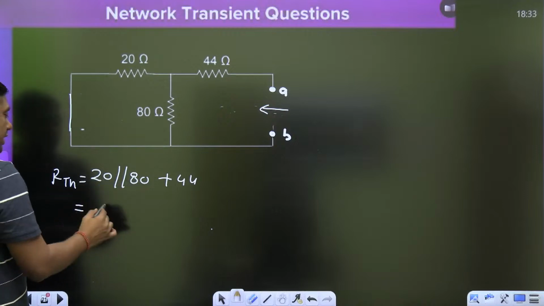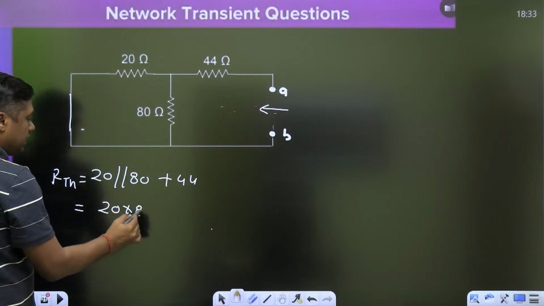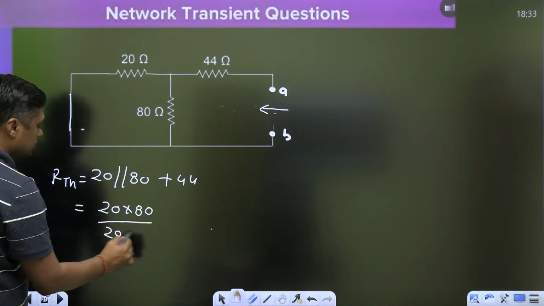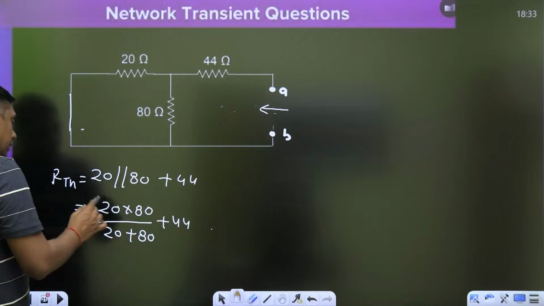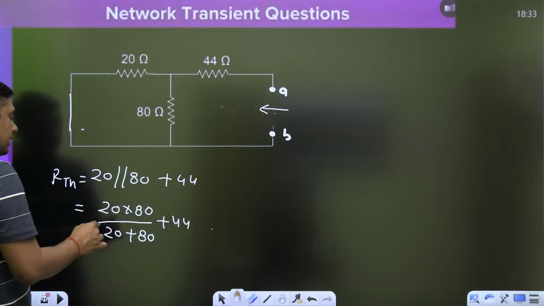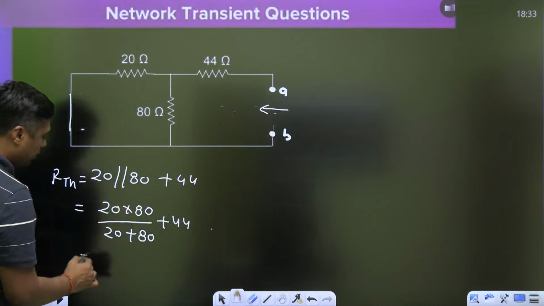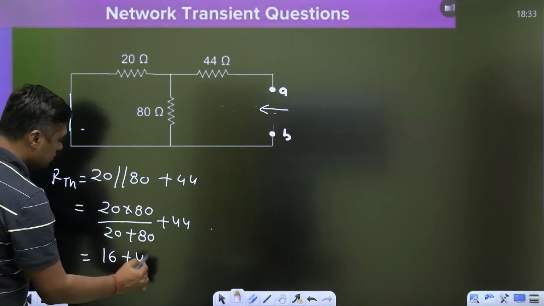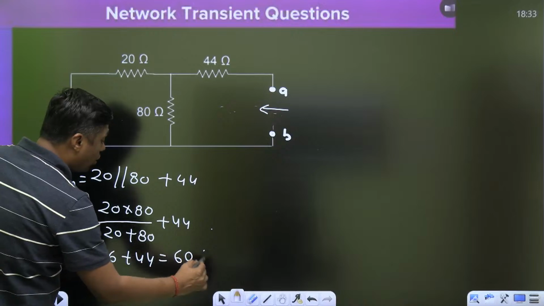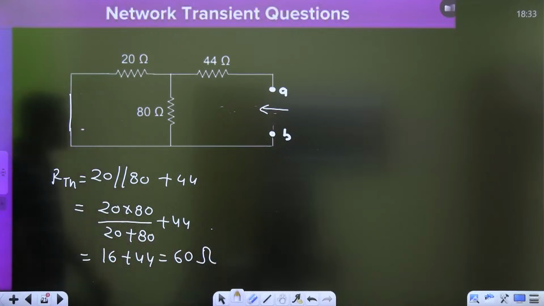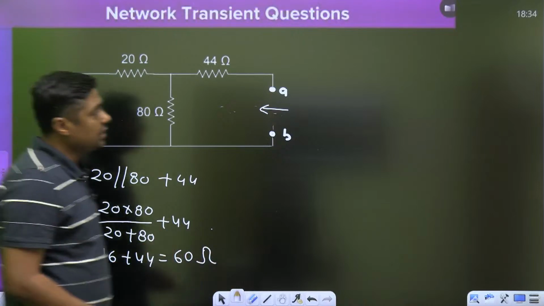So what is the 20-80 parallel? 20 into 80 divided by 20 plus 80, plus 44. So it will become 1600 divided by 100, which is 16, and 16 plus 44 is just 60 ohm. This is the value of RTH. Then what is the C?